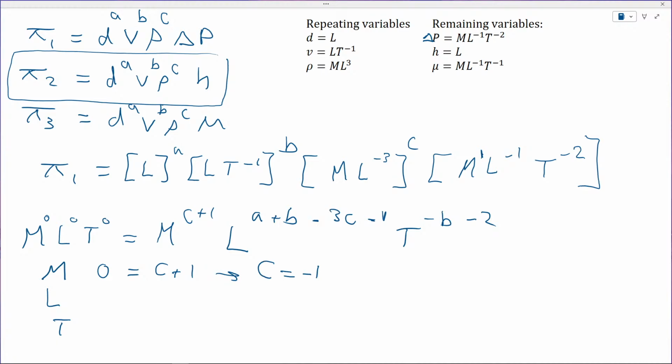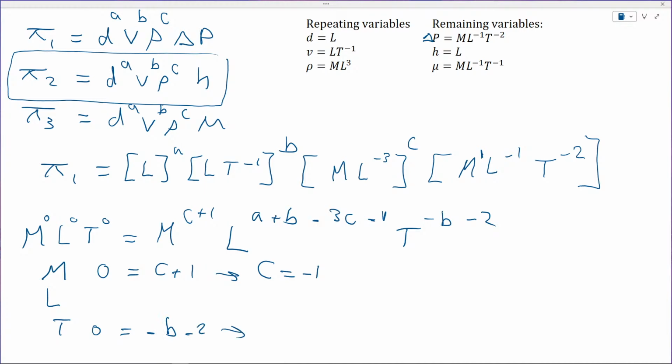How about L? Or even before L, let's do T first, T is easier. For T, I have 0 here, and that is equal to minus B minus 2.